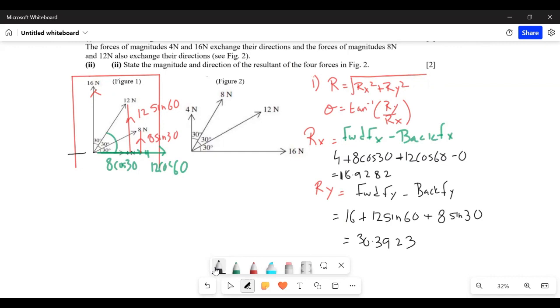30.3923. Okay. So now R would be square root of 16.9282 squared plus 30.3923 squared. So square root of 16.9282 squared plus answer squared.